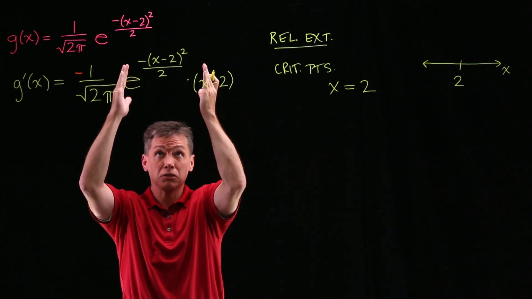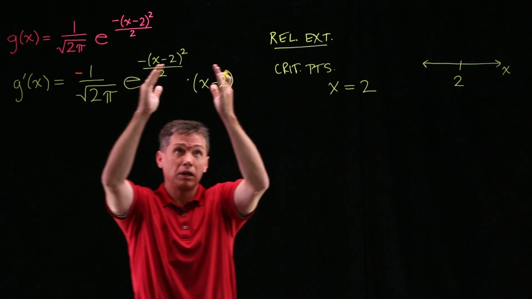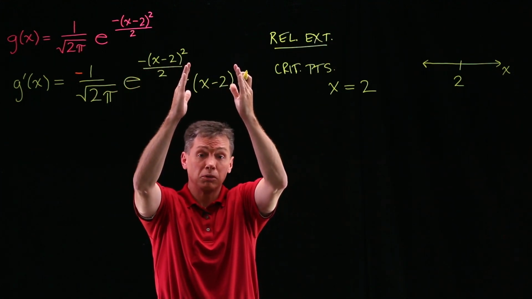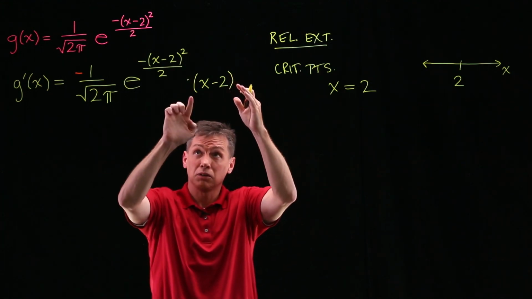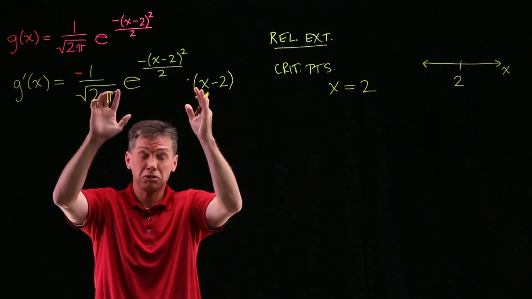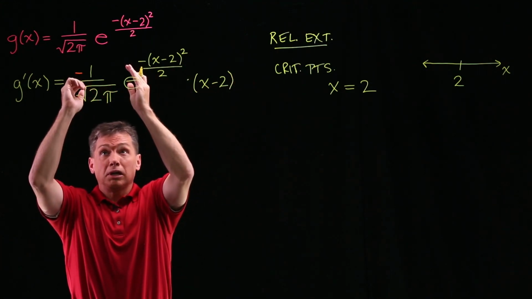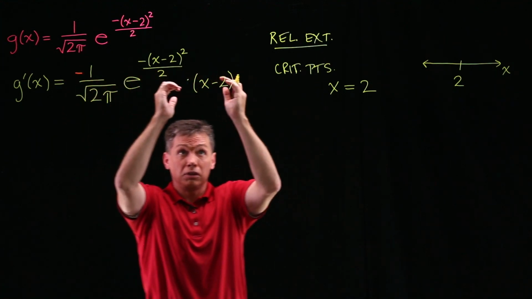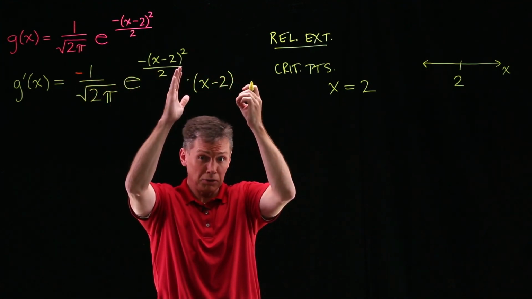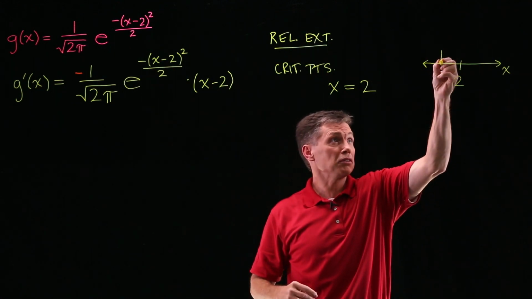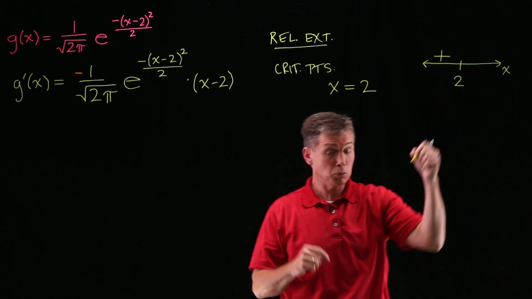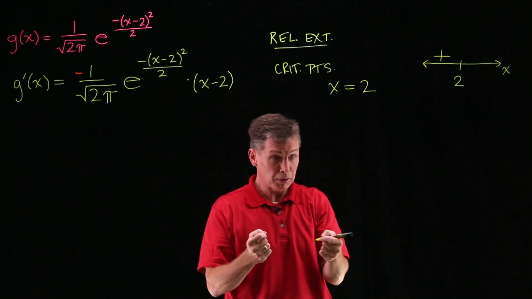So this chunk is positive. And now that final chunk, when I put my 0 in, 0 subtract 2 is negative. Since these are all multiplications, these are all factors, I'm going to have a negative times a positive times a negative, which will result in a positive overall.